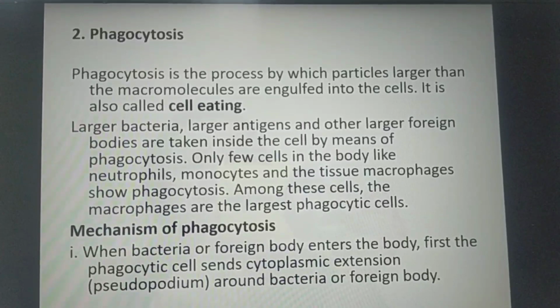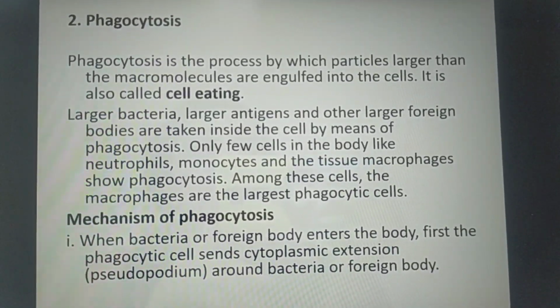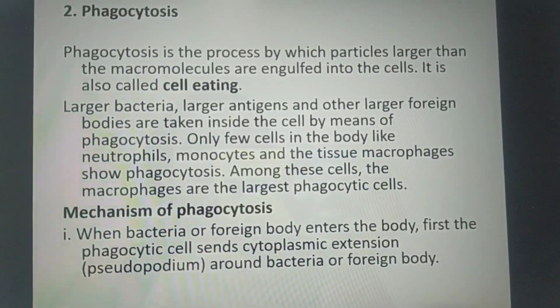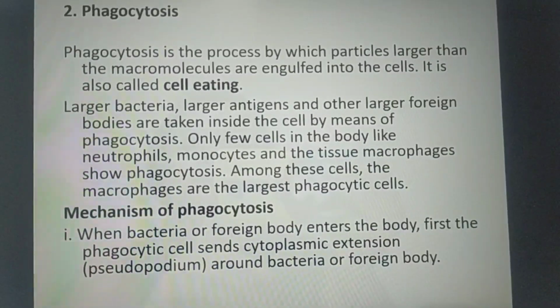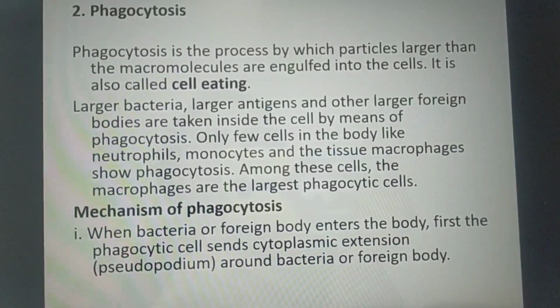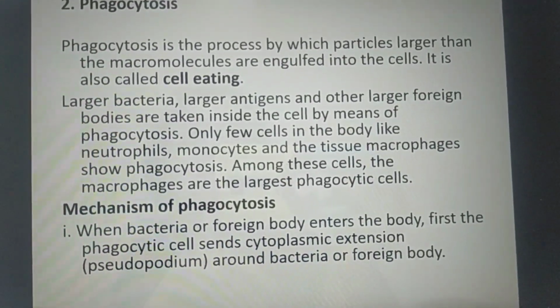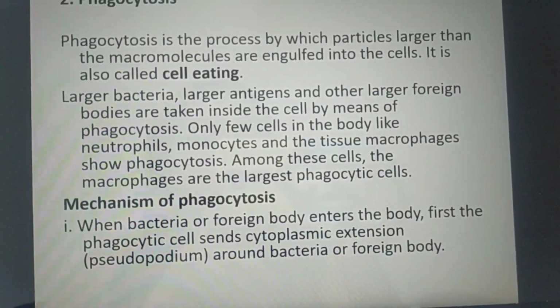Second is phagocytosis. Phagocytosis is the process by which particles larger than the macromolecules are engulfed into the cells, and it is called the cell eating. Pinocytosis was called the cell drinking, where the phagocytosis is called the cell eating. It can be asked in exam, most probably in Viva, that describe what cell eating and what cell drinking is.